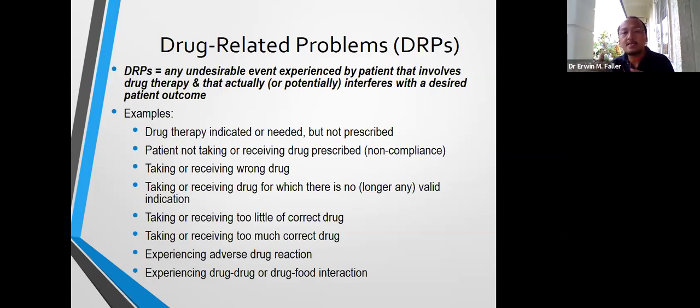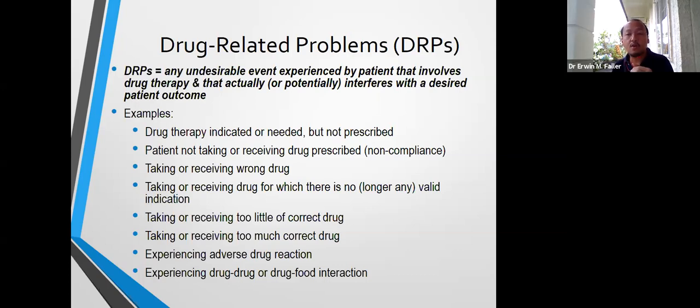Okay? Some of the examples that we have are: drug therapy indicated or needed but not prescribed; the patient not taking or receiving the drug prescribed, or non-compliance. We have also taking or receiving the wrong drug; taking or receiving a drug for which there is no longer any valid indication; taking or receiving too little of a correct drug, or underdose.